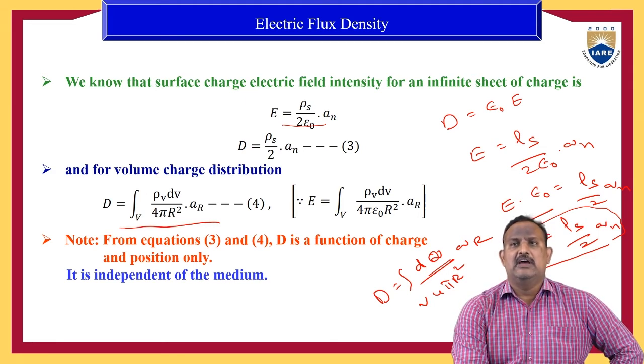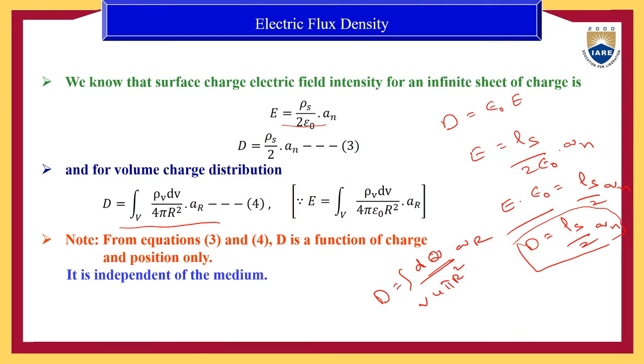Actually, the electric field intensity E is equal to the volume integral of q by 4 pi epsilon naught r square into ar, or we can express it as dq, where dq is the elemental charge.